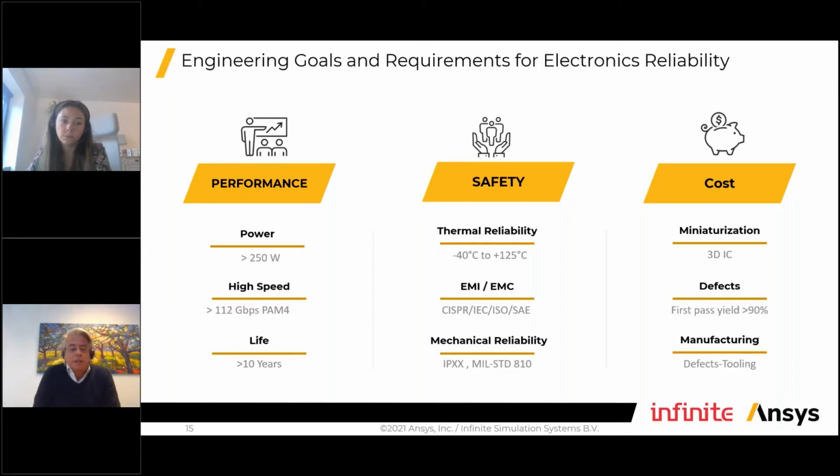Also the place where your products have to perform: temperatures, EMI, EMC, but also the mechanical reliability. There are much more demands than in the past, and of course you want to lower the costs, and especially decrease the number of defects and your manufacturing costs.